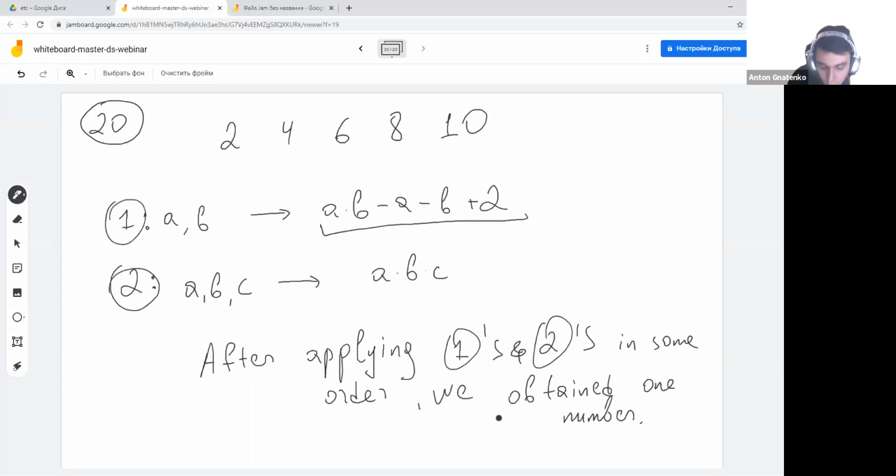The question is, what is the smallest possible value of this number?